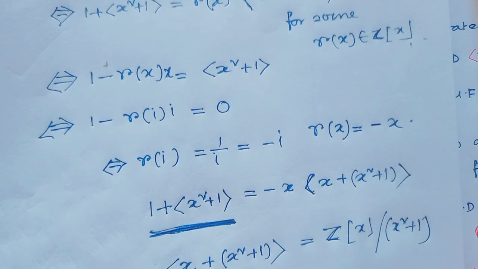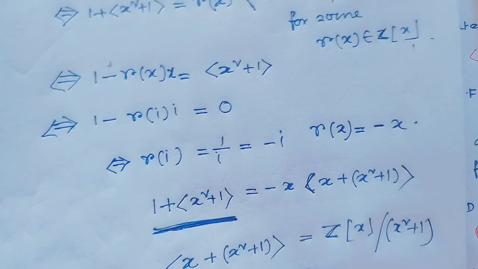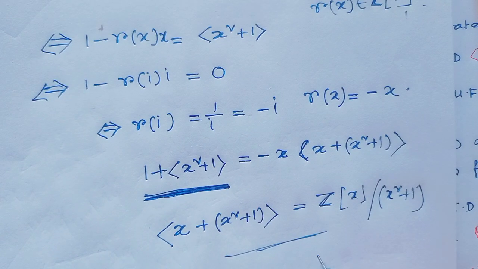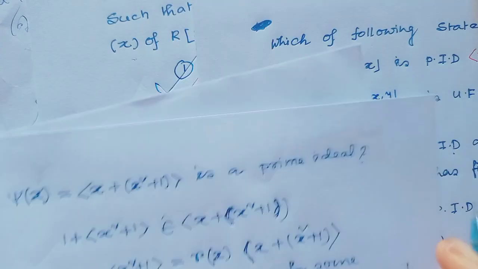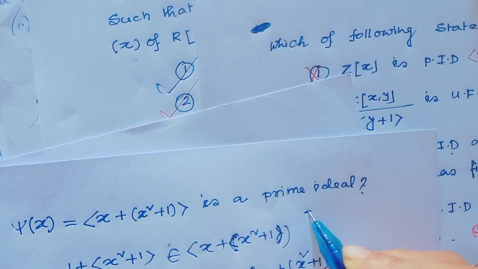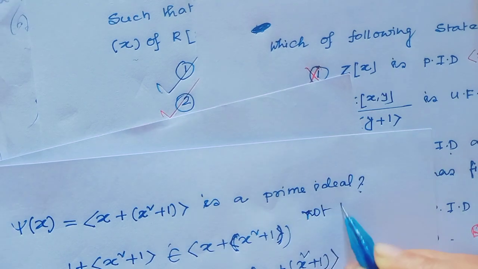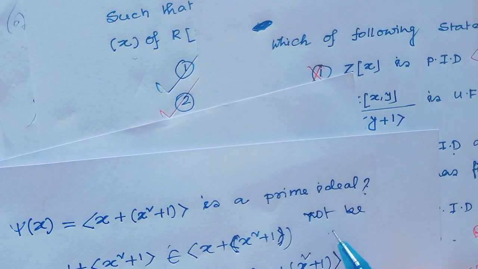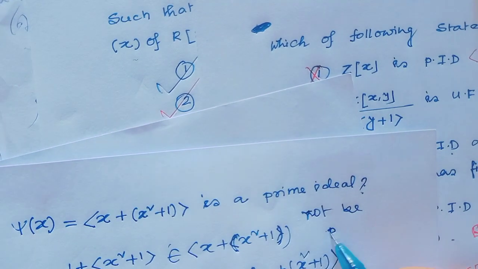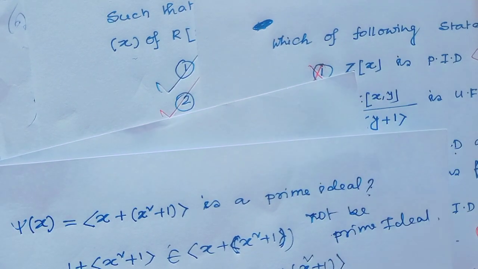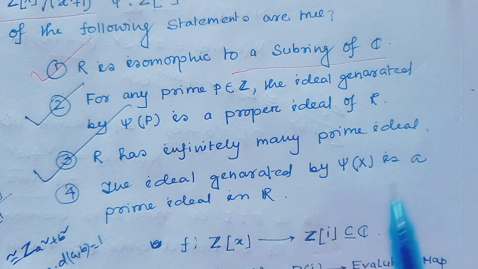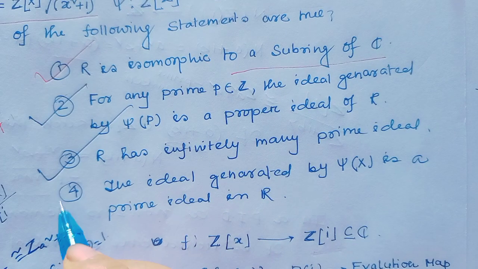Okay, so since this is not a proper ideal, since this is equal to the whole ring, obviously this is not a prime ideal, because a prime ideal is always a proper ideal. That means the ideal generated by psi x is a prime ideal in R. This is the wrong option.